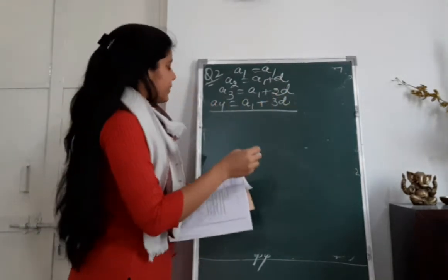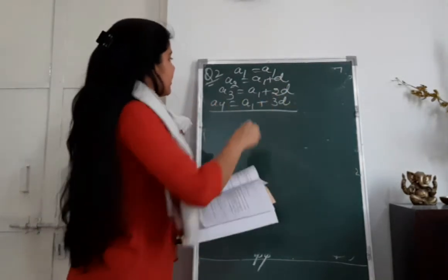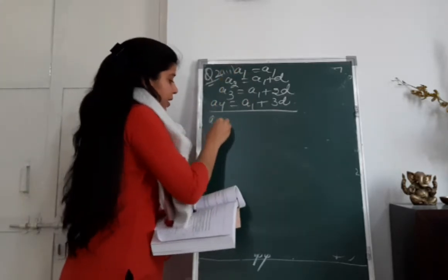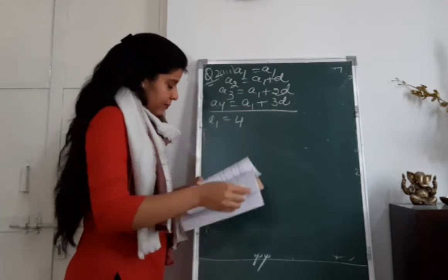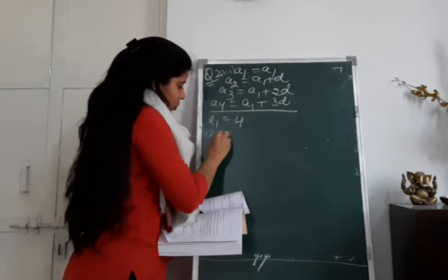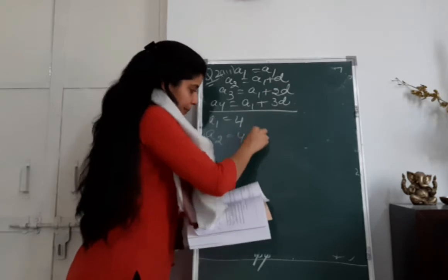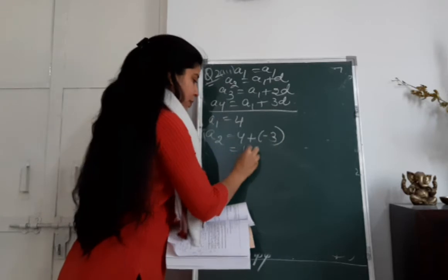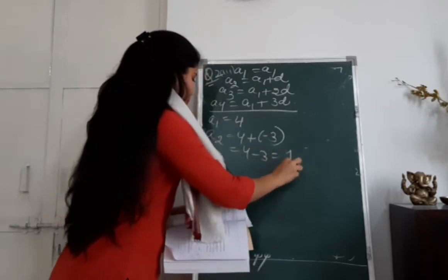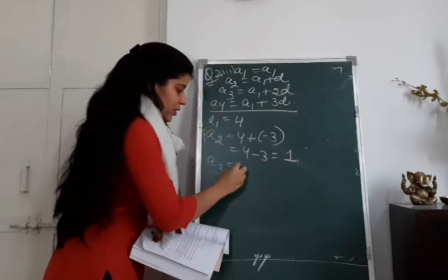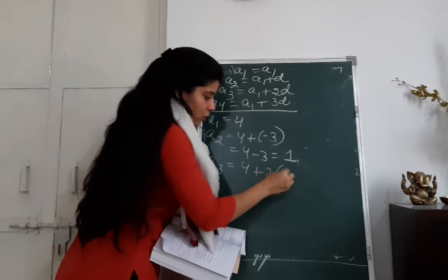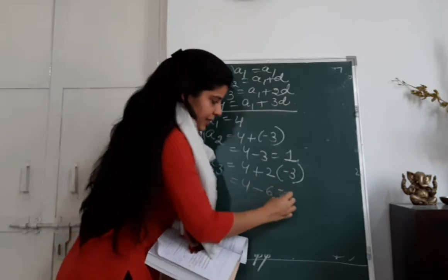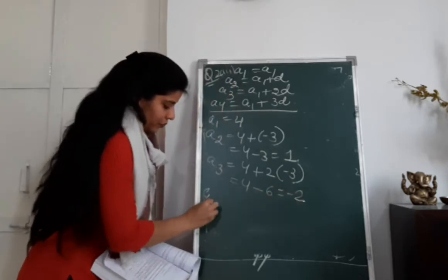So we are on the third part. A1 is equal to 4, A2 is equal to 4 plus D. D is minus 3, so 4 minus 3 is equal to 1. A3 is equal to 4 plus 2 into minus 3, which is 4 minus 6, nothing but minus 2.